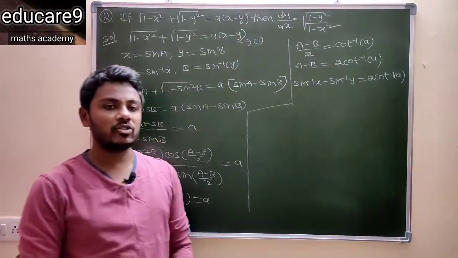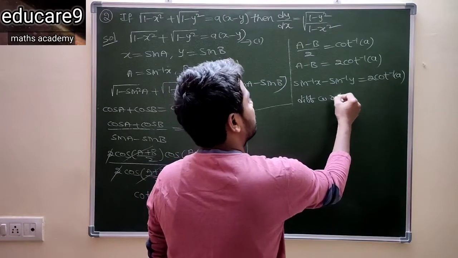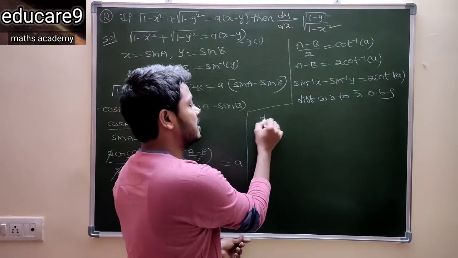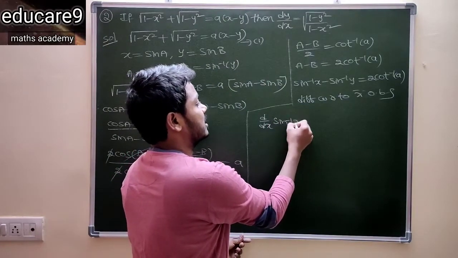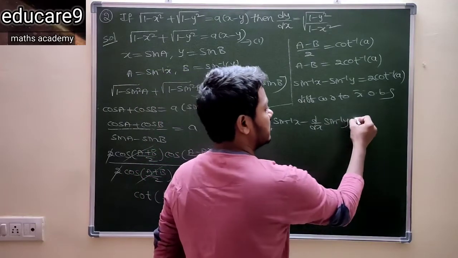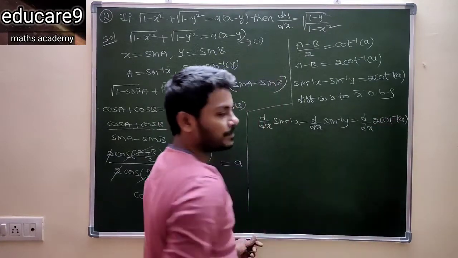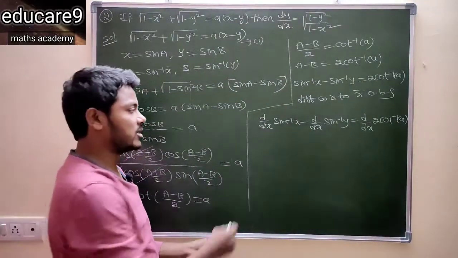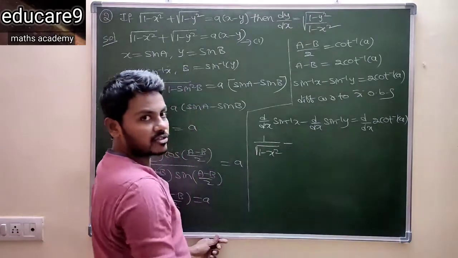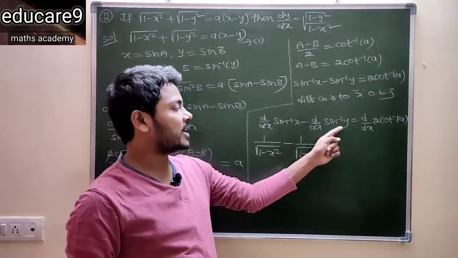Now differentiate with respect to x on both sides. That is d by dx of sin inverse x minus d by dx of sin inverse y is equal to d by dx of 2 cot inverse a. So the derivative of sin inverse x is 1 by square root of 1 minus x square, minus the derivative of sin inverse y, 1 by square root of 1 minus y square, but in place of x, y is there.